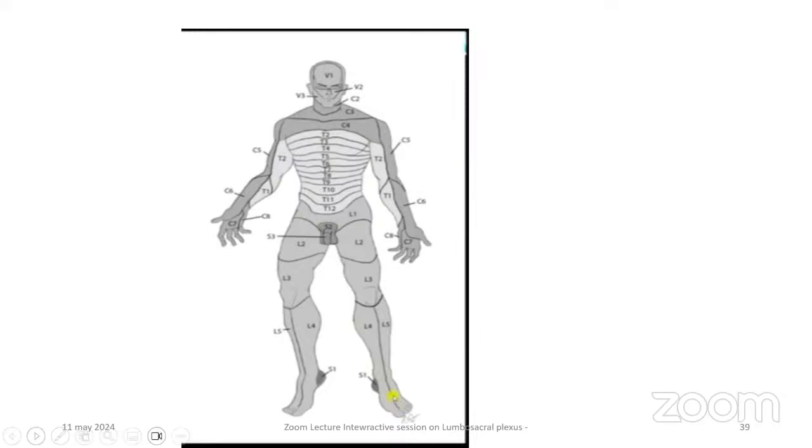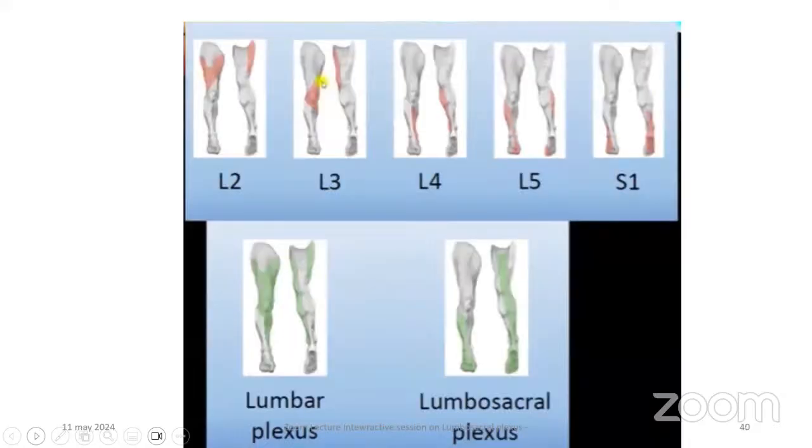And most importantly, where is L4, where is L2, where is L3, and where is L5? You can see the L2, L3, L4, L5. Just remember them, and to master this, you have to know. If it is a lumbar plexus, you can have many nerves that are involved. Lumbosacral plexus.